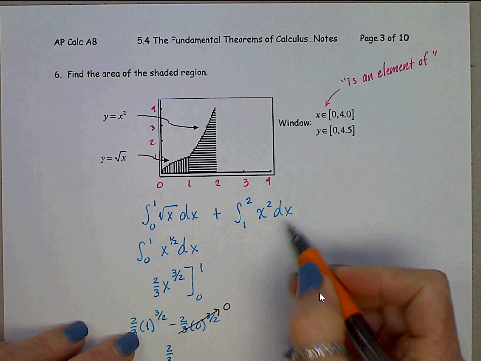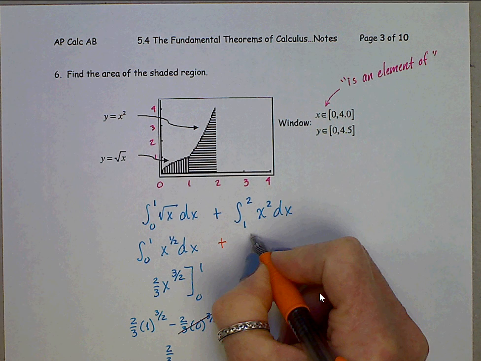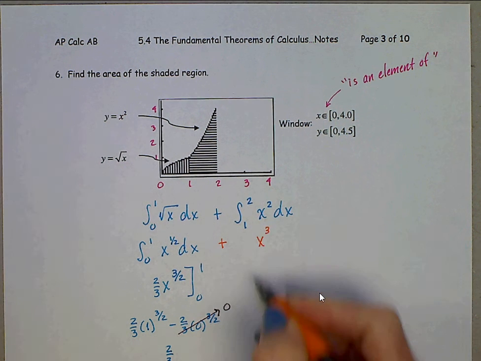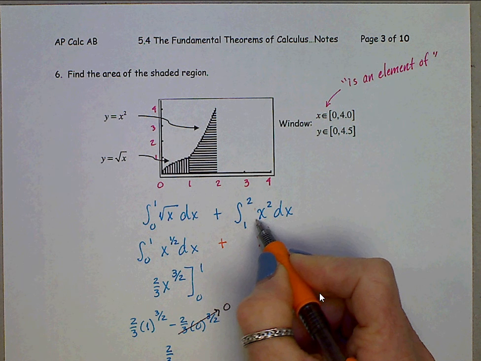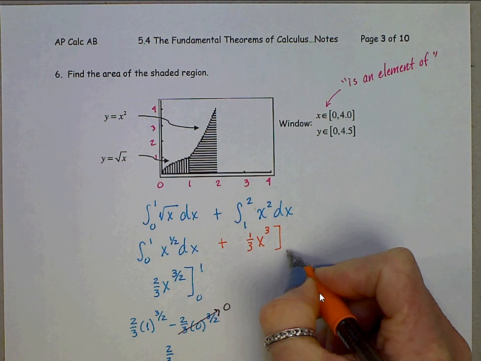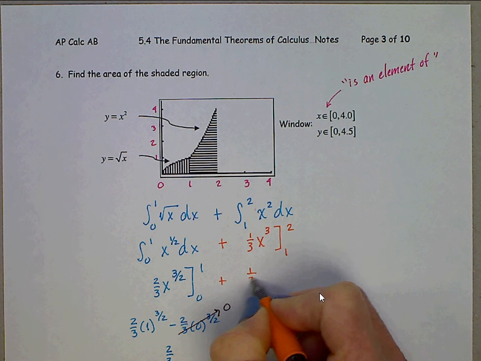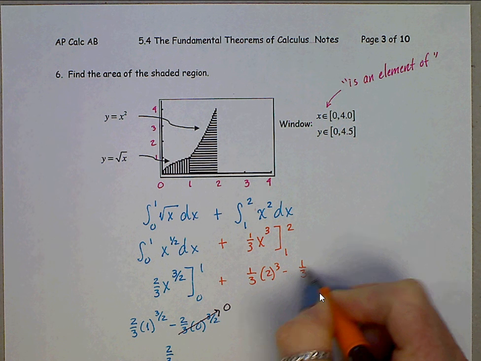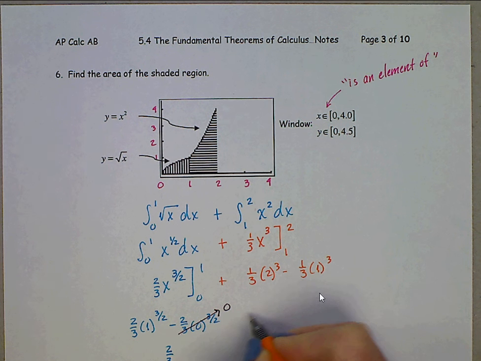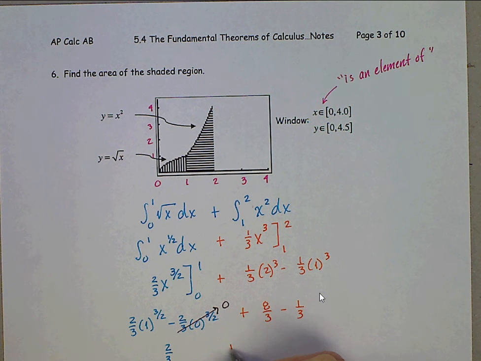When we look over here to handle this one, the antiderivative of x squared, add 1 to the exponent, take the original coefficient, divide by that new exponent, so 1/3, evaluated from 1 to 2, and this will give us 1/3 times 2 cubed minus 1/3 times 1 cubed, which is 8/3 minus 1/3, or 7/3.